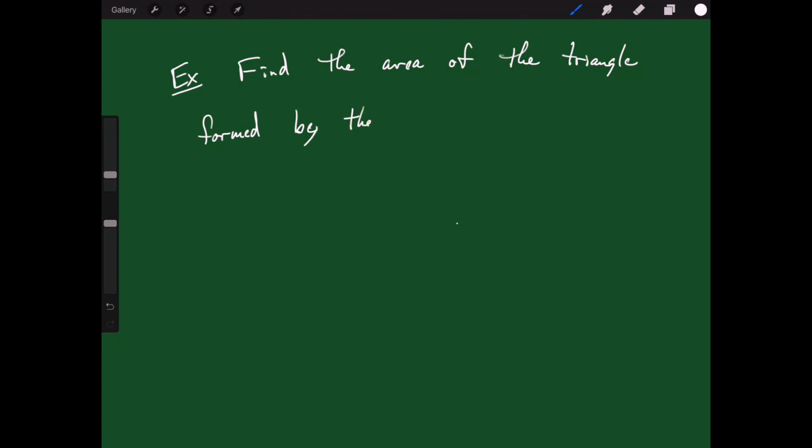So for my last example, let's find the area of the triangle formed by the 3 points in the last example.